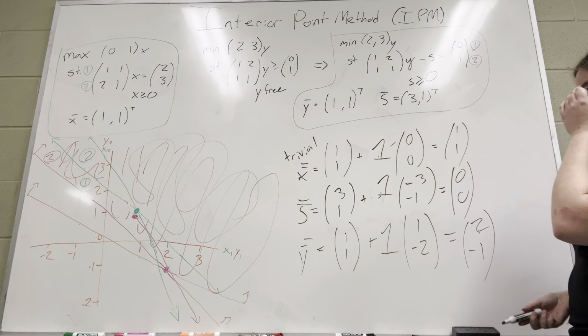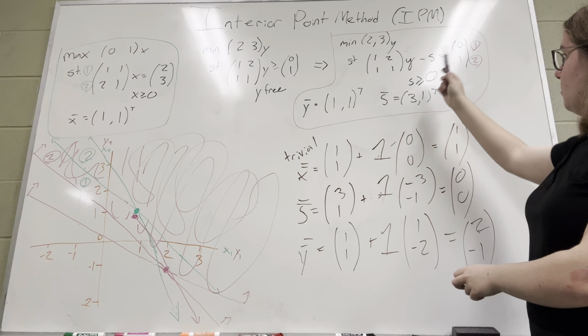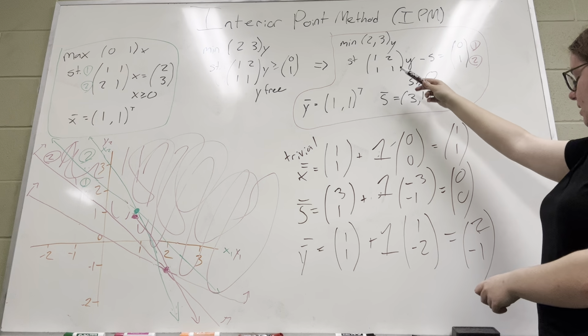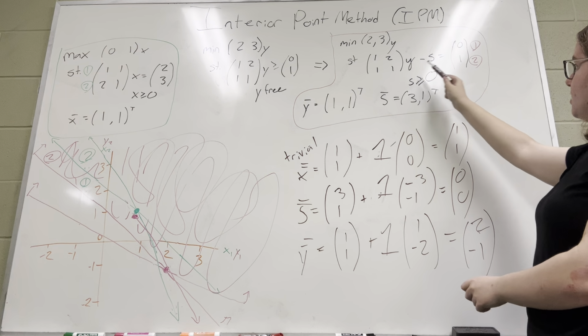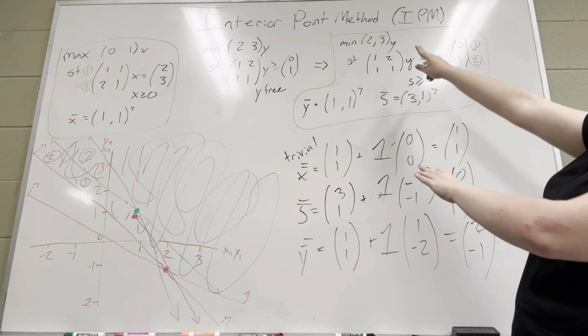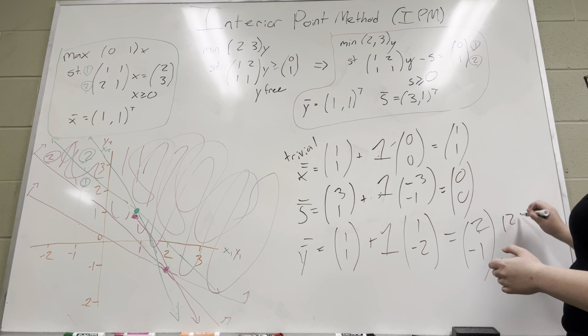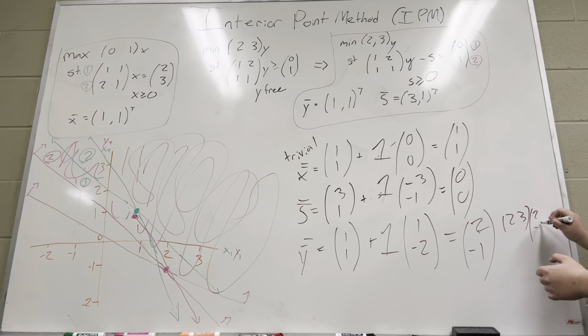And now I'm going to see what happens when I plug this in. Well, okay, I got 2 minus 2 is 0, and my slack is 0. And I got 2 minus 1 is 1, slack is 0. And then if I plug this into my objective function here, I have that 3 times 2, negative 1 is going to equal 1.